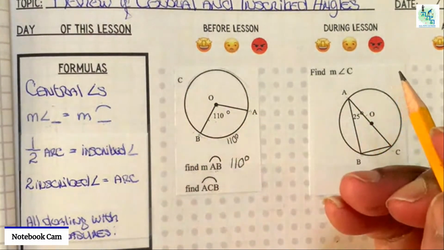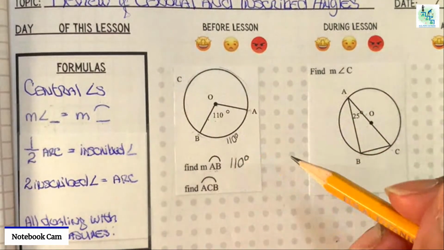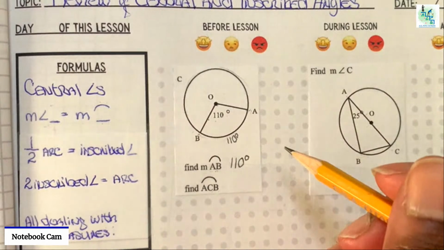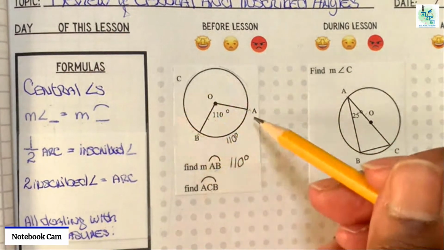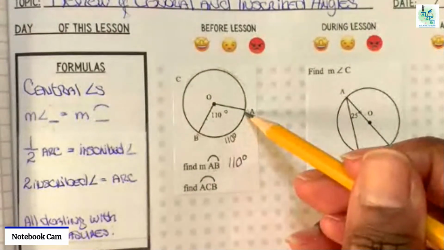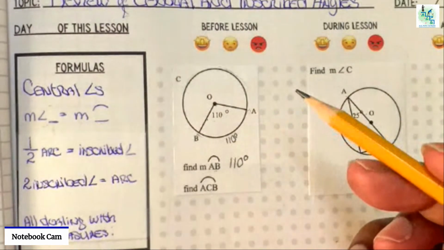Now, a circle is a circle no matter how big the radius is. The measure of a circle is always going to be 360 degrees. So if we have a full circle of 360 and we know that from here to here is 110, we will subtract those two.